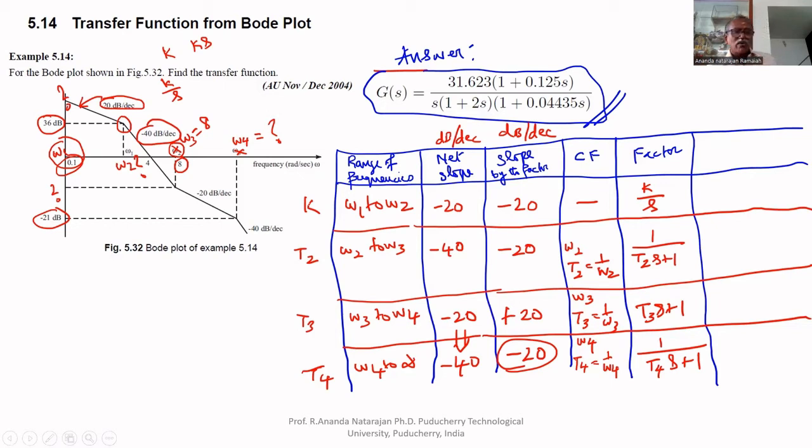To find omega 2, what we will write is y2 equal to slope times log omega 2 by omega 1 plus y1. This is the formula that we used to use. So if you use that formula, what is y2?